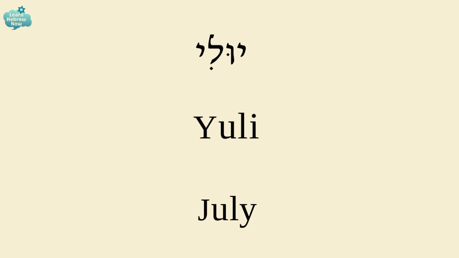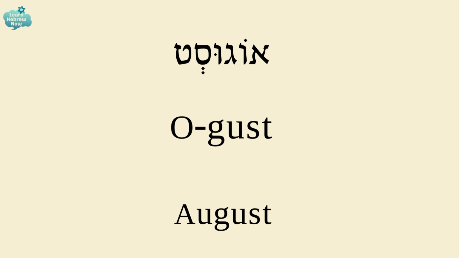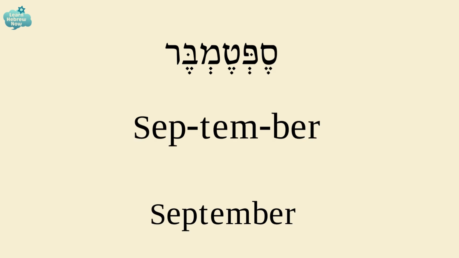The name for July is Yuli. The name for August is August. The name for September is September.